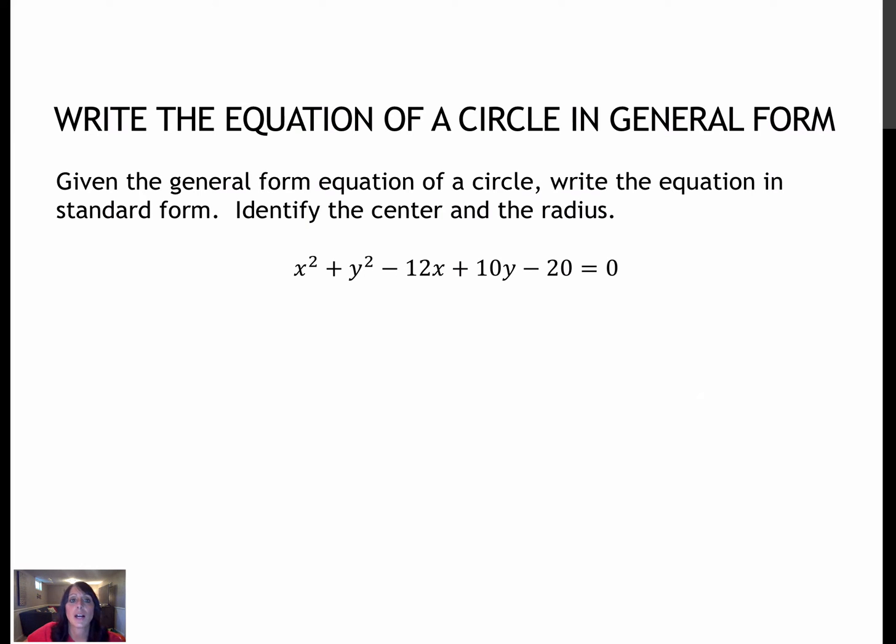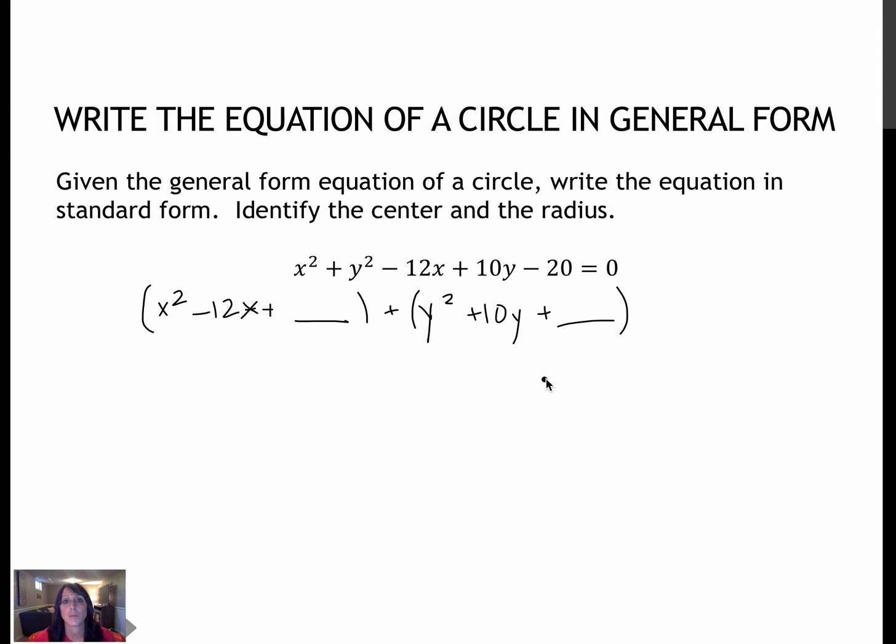Unfortunately, going from general form into standard form is a real pain in the rear, because what we'll have to do is actually complete the square twice. So what that means is I'm going to write this as x squared minus 12x plus blank, and then plus y squared plus 10y plus blank.